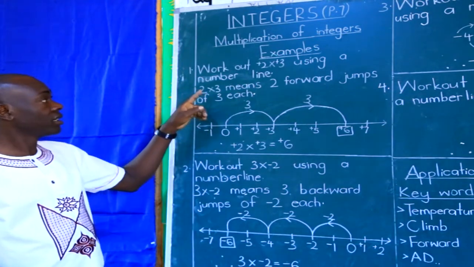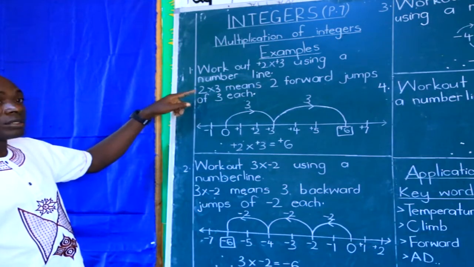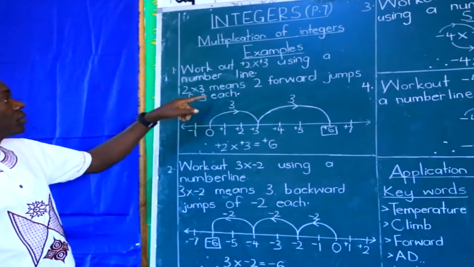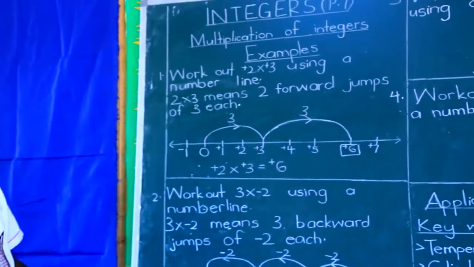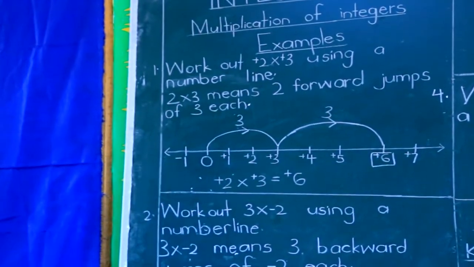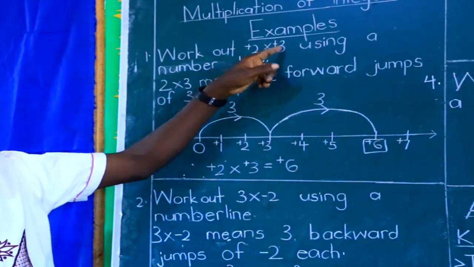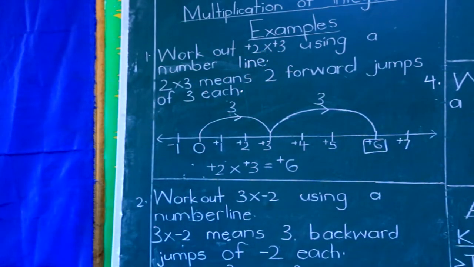You say, since this is positive 2, then it qualifies to be called a 2, and positive 3 qualifies to be known as a 3. Any integer without a sign is a positive integer. So positive 2 times positive 3 is the same as saying 2 times 3.